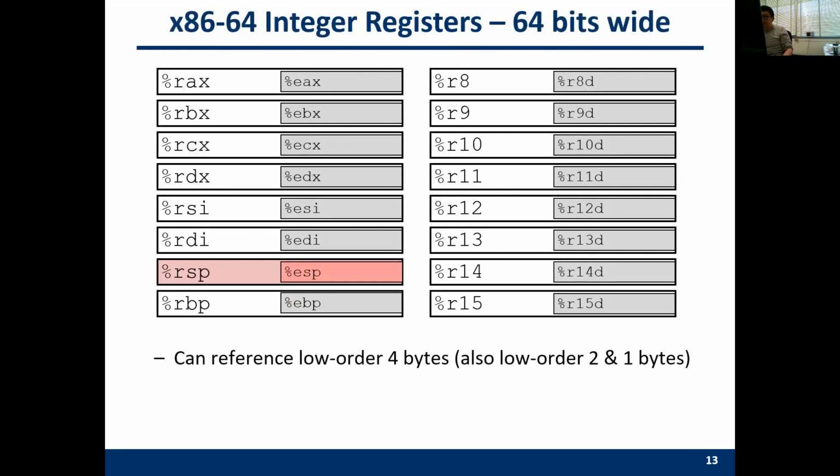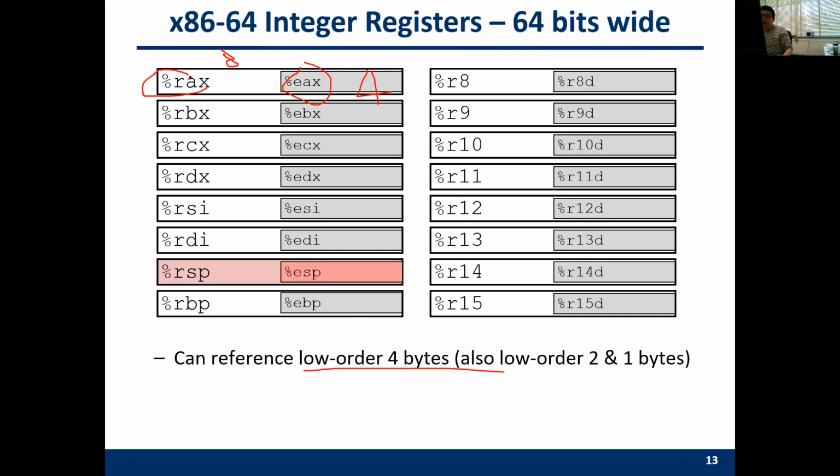So here is one example. Because now we have a 64-bit machine, each register is 64-bit, which is of course 8 bytes. In order to access the lower order 4 bytes, we have another name for this part.